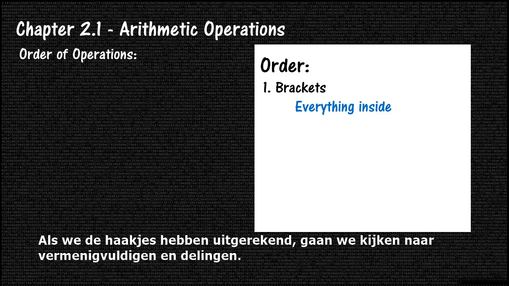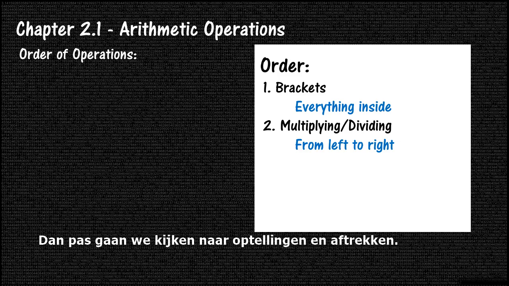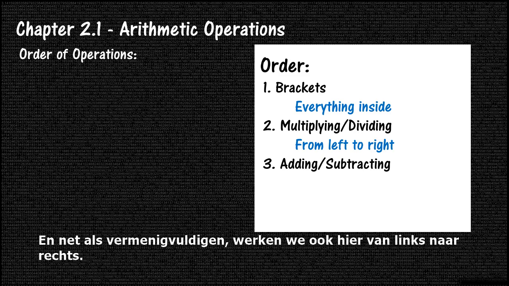If we've solved the brackets, we look for multiplications and divisions. If more than one are in a line, you solve them from left to right. Then, and only then, we look for additions and subtractions. And just like multiplying, we do them from left to right.